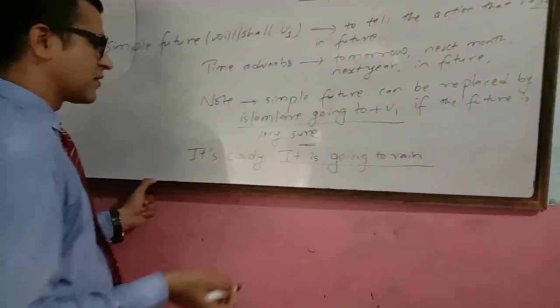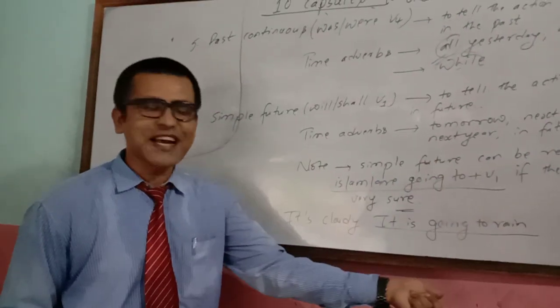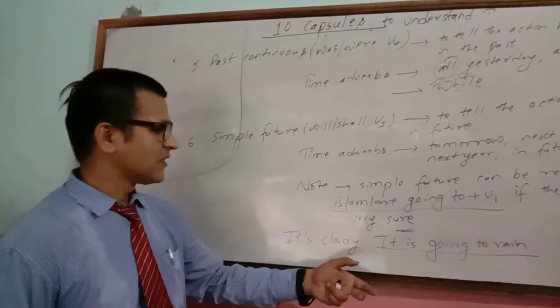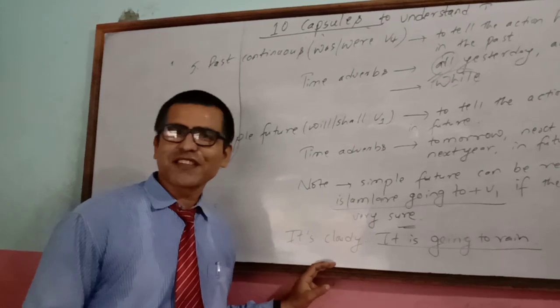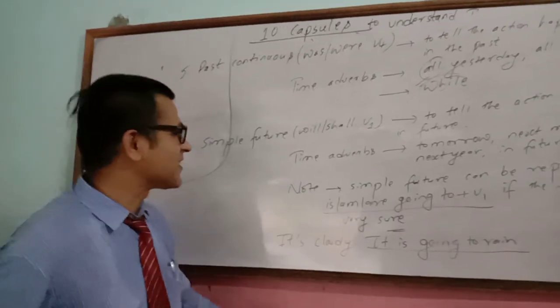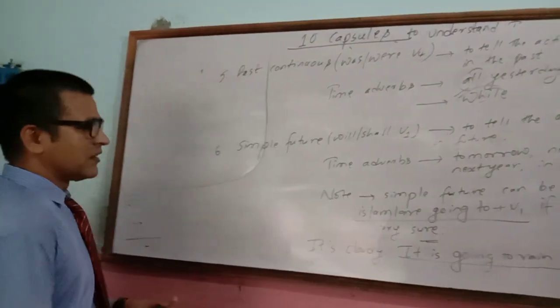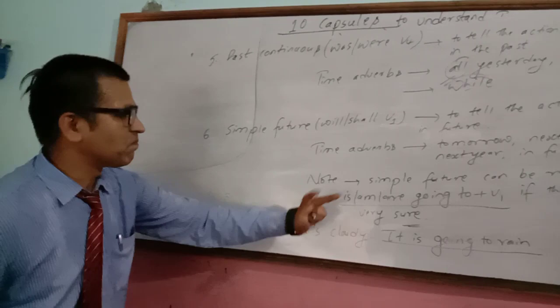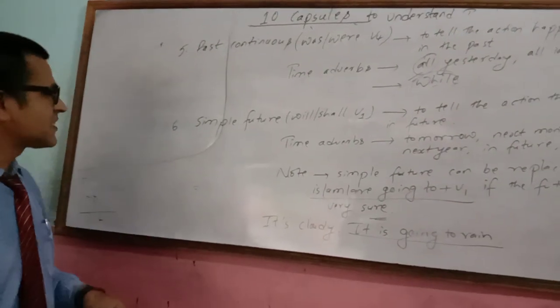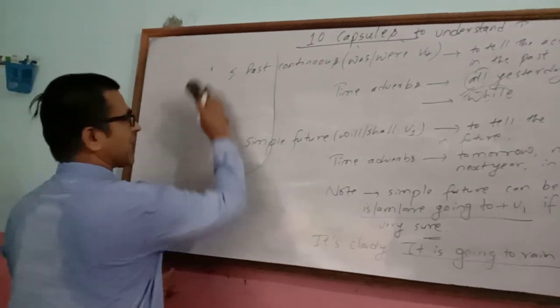It is going to rain today. For example, she is pregnant. She is going to give birth to a child. He has already bought the ticket. He is going to watch a film at the cinema. It's very simple to understand. If the future is sure, we use is, am, are going to be one. This is the structure. Don't forget.